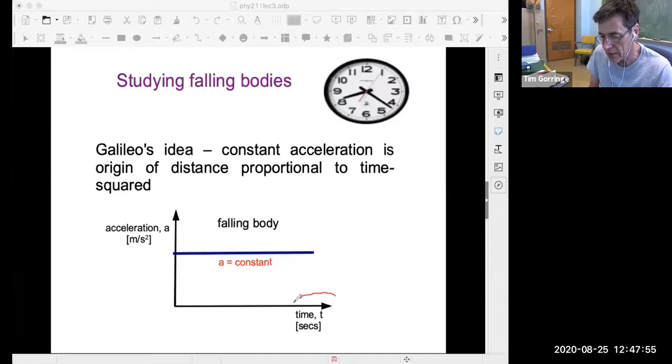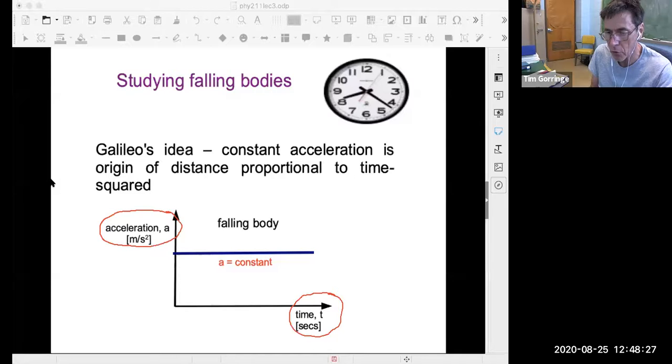I plotted time for the falling body versus the acceleration of the falling body. And this is his hypothesis, that as the body falls from where it's released to where it hits the ground, it's always accelerating with the same constant acceleration. So that means that an acceleration versus time graph for the falling body is just this horizontal line. This blue line represents acceleration versus time for the falling body.